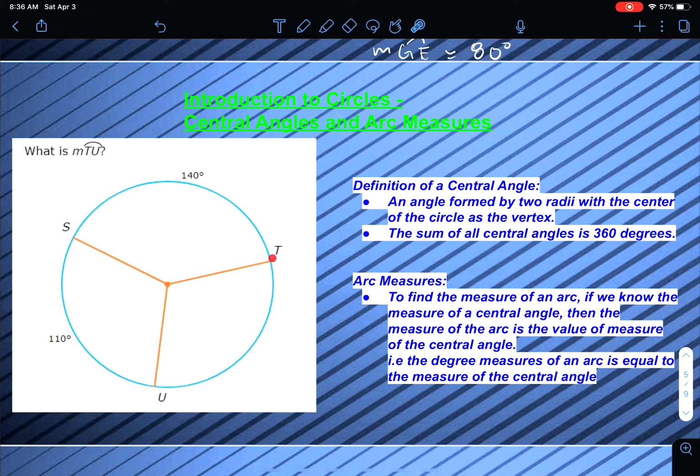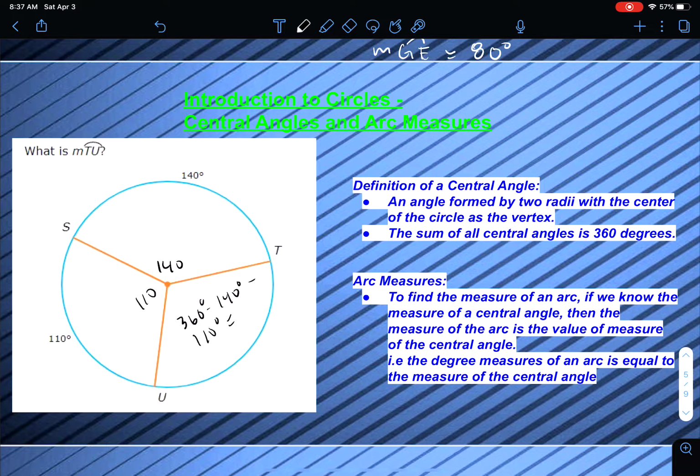Where's TU? TU is right here. And we say that the sum of all central angles is 360. So let's write that down. This is 140. This is 110. So that means I need to do 360 minus 140 degrees minus 110 degrees.